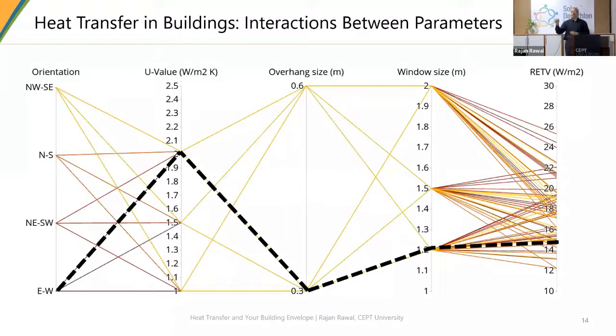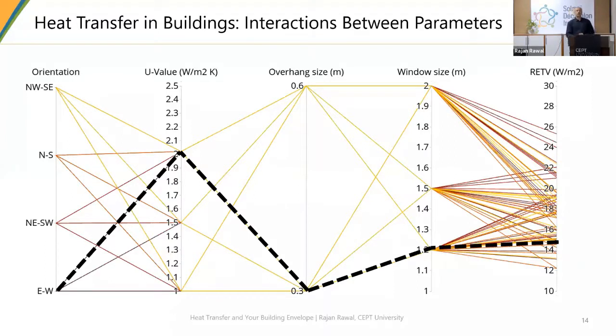Then my window sizes could be 1.2 or so. And then my RETV may become about 15 or 16. This is how you might want to look at DesignBuilder and multiple runs before you arrive at, okay, let me start taking all these 5 or 6 parameters together and take a design decision. So that's one way of looking at it.